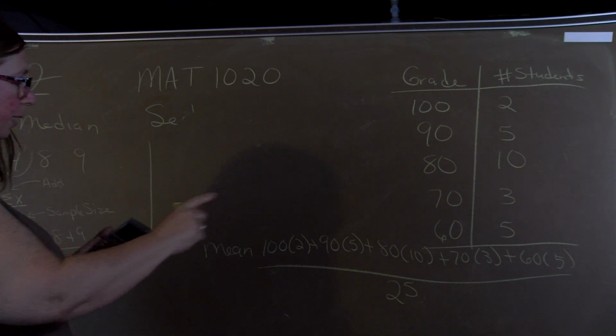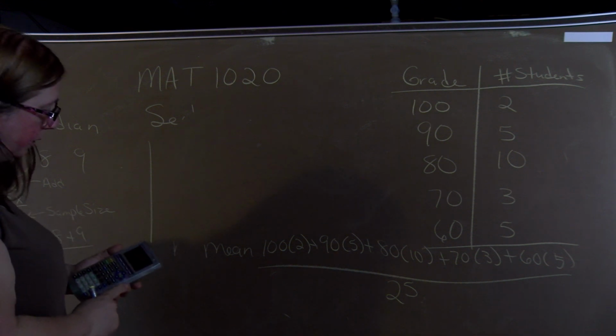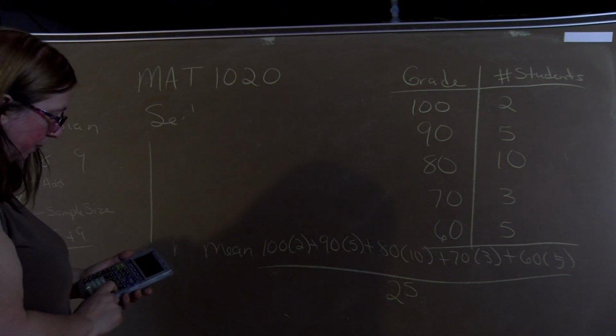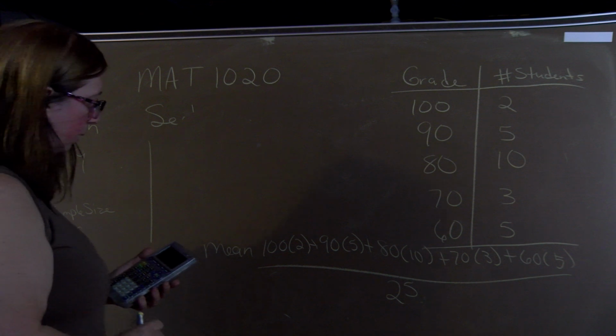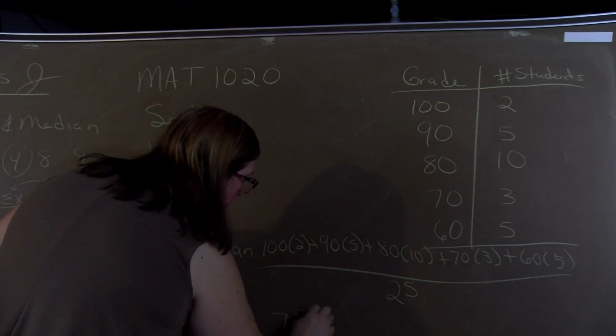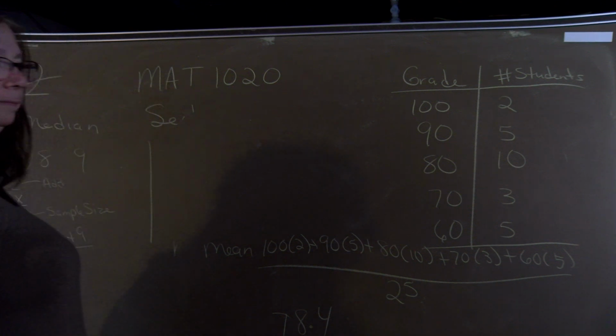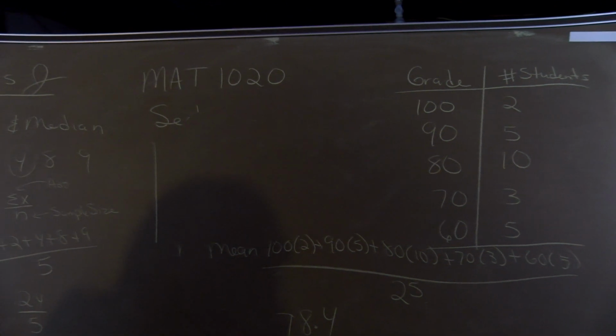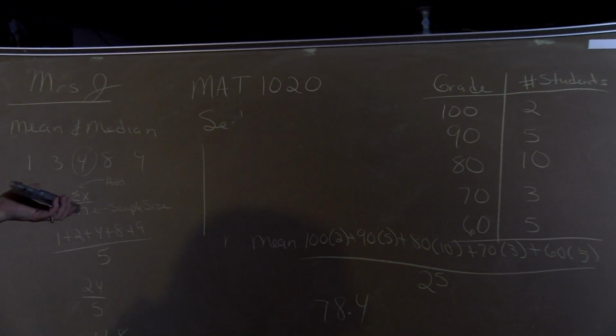So if we multiply and add those, you get 1960 and divide by 25, and you get 78.4. So the mean would be 78.4.